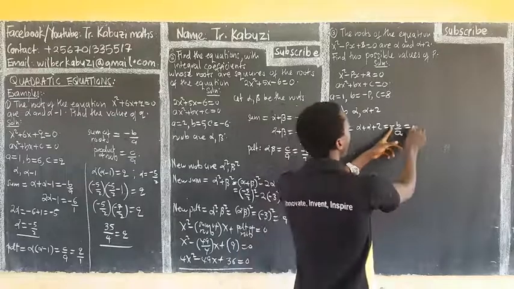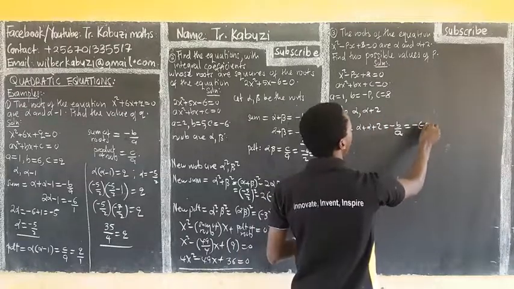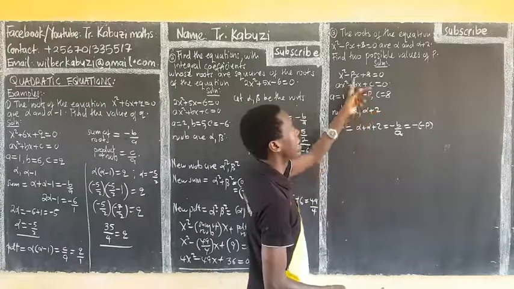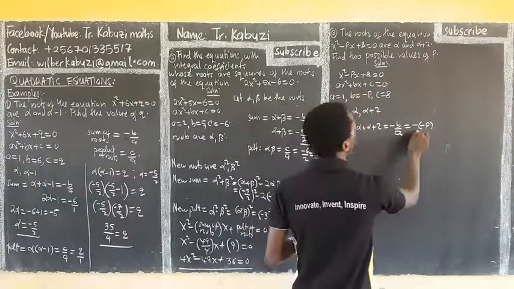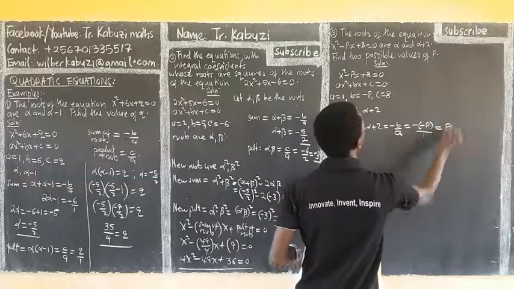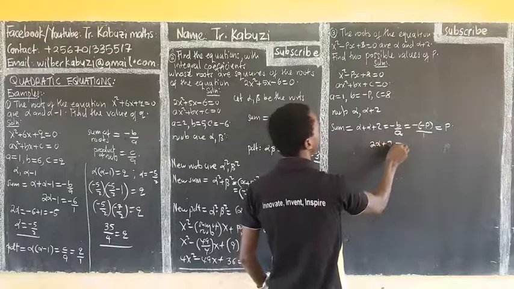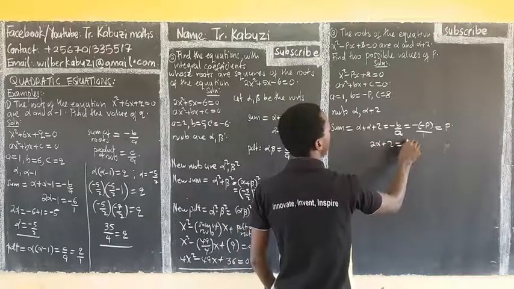So this is negative into our b, which is negative p, from the equation, the whole over a, which is 1, and so this is going to give us p. So when I add this, I get 2 alpha plus 2 equal to p.